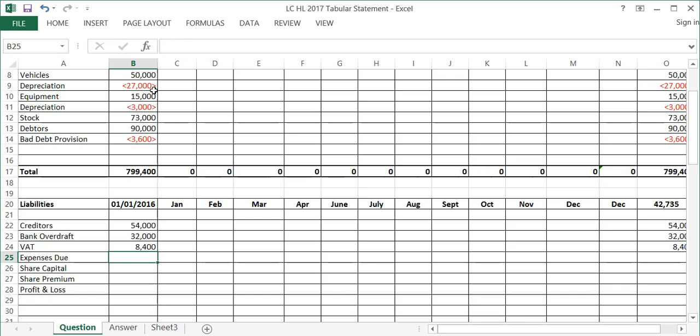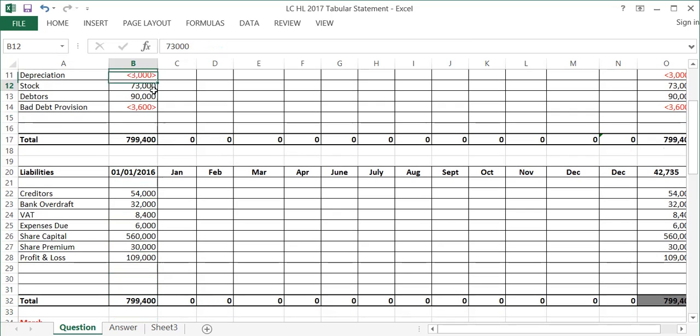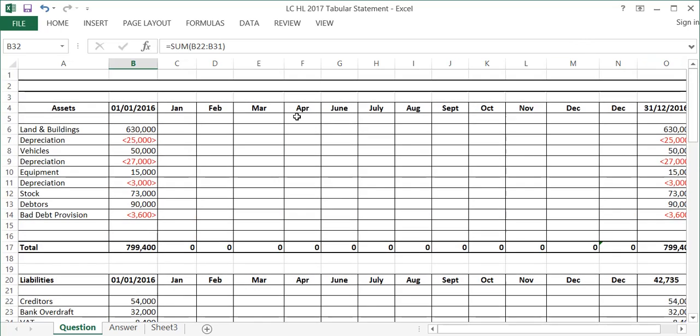Expenses due are 6,000. Share capital is 560,000. Share premium is 30,000. And the profit and loss balance is 109,000. And again, when you put those opening balances in, they should balance. So we have 799,400 here and 799,400 here.